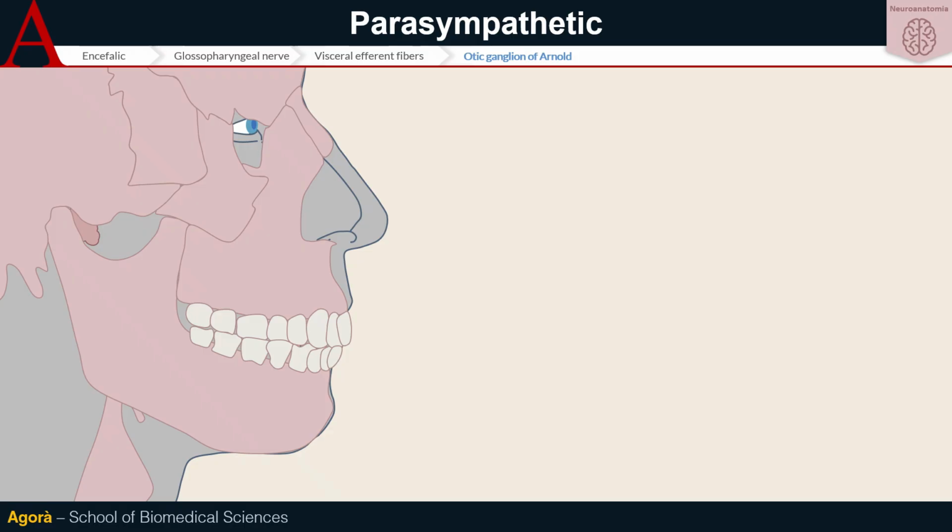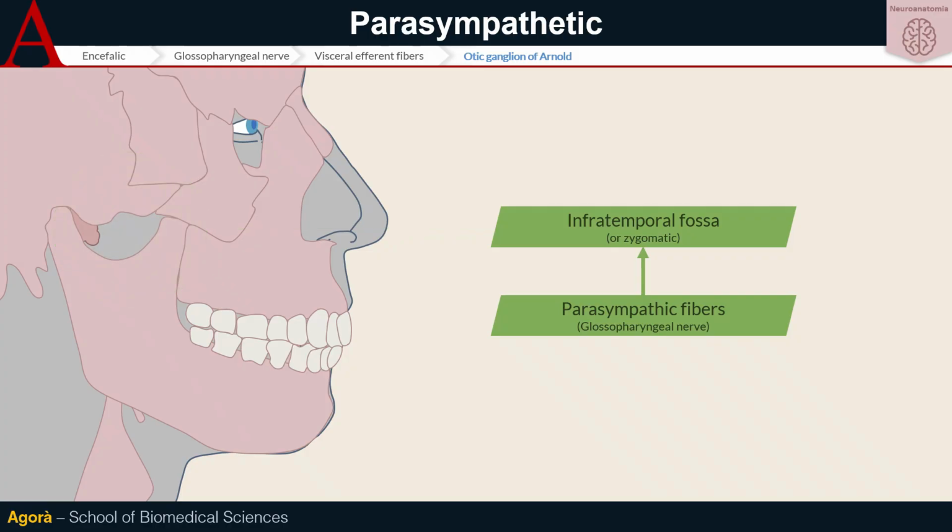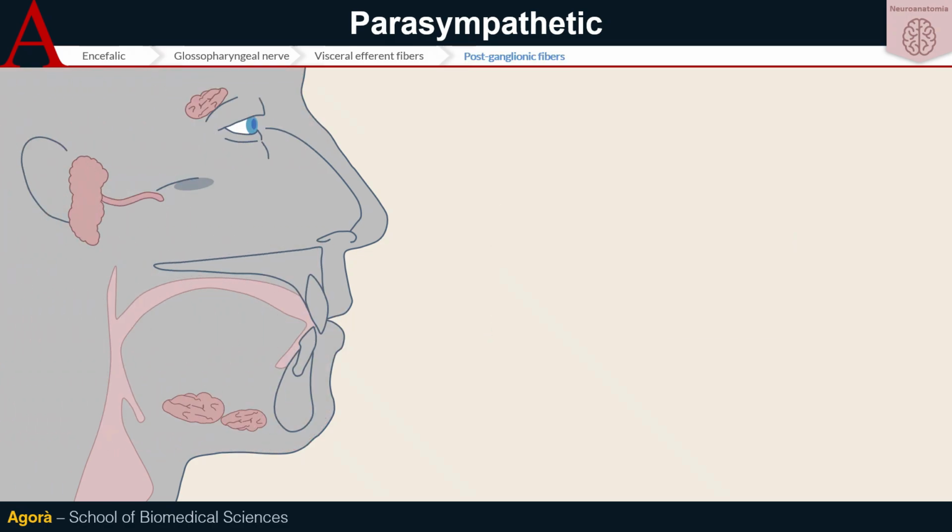The otic ganglion of Arnold, located in the infratemporal or zygomatic fossa, only receives the parasympathetic fibers of the glossopharyngeal nerve, but has different postganglionic fibers. Most postganglionic fibers enter the auriculotemporal nerve, a branch of the mandibular nerve of the trigeminal nerve.